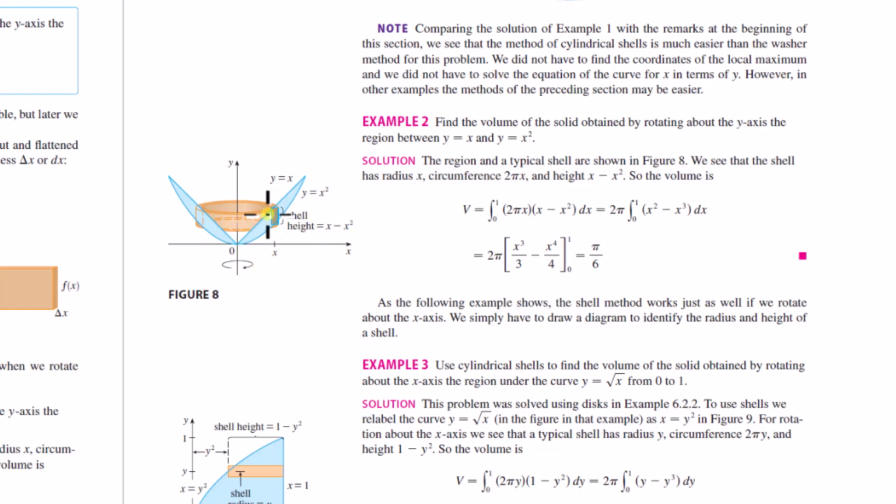But we're going to use the shell method, and so in this case, x is going to be the independent variable, and you'll have 2 pi x times this function evaluated at x minus this function evaluated at x to get the height, times delta x. And so that's what they do. And look, it's pretty quick and easy.